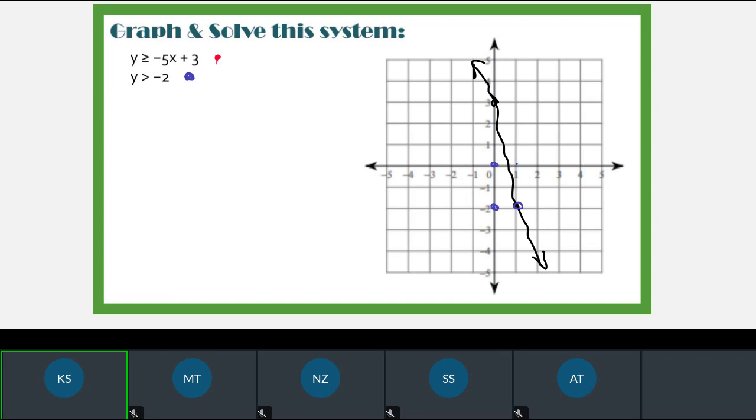Perfect, Amari. Good. Now just use your test point. Good. AJ, check out the message that I sent you real quick.